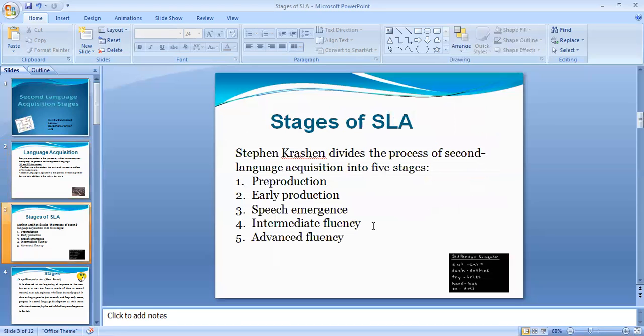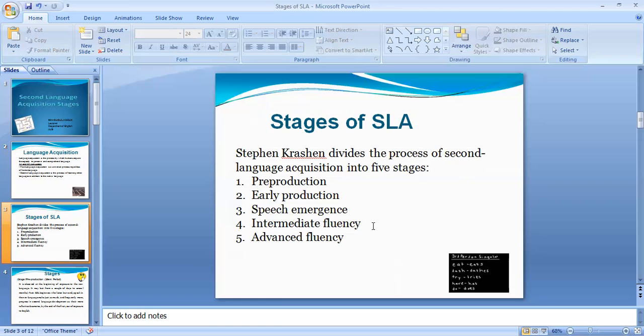So stages of SLA, second language acquisition. You know that all new learners of English progress through the same stages to acquire language. However, the length of time each student spends at a particular stage may vary.